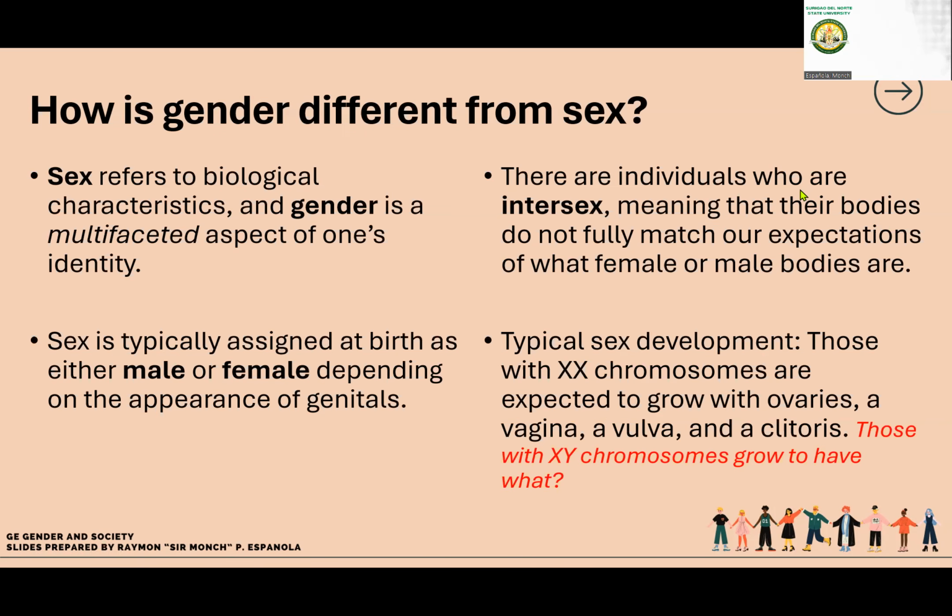Typically we know that when babies or individuals have XX chromosomes, we expect them to have ovaries, vagina, vulva, and clitoris.